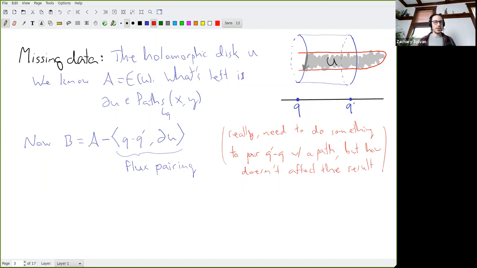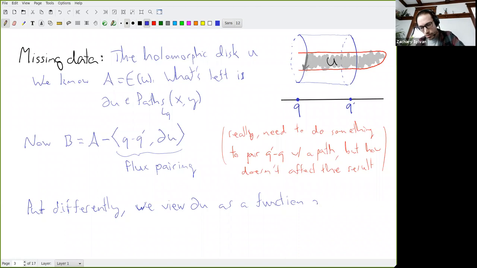Okay. So let me reinterpret this now. Put differently, we can treat this boundary of U as a function on this cohomology group, H^1 of LQ.